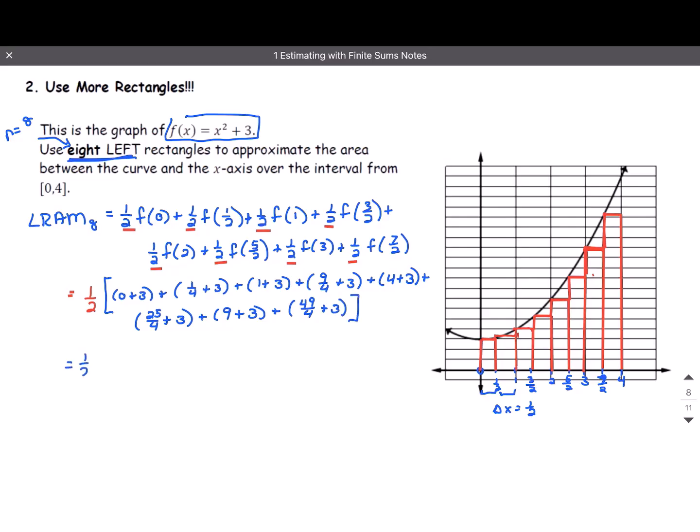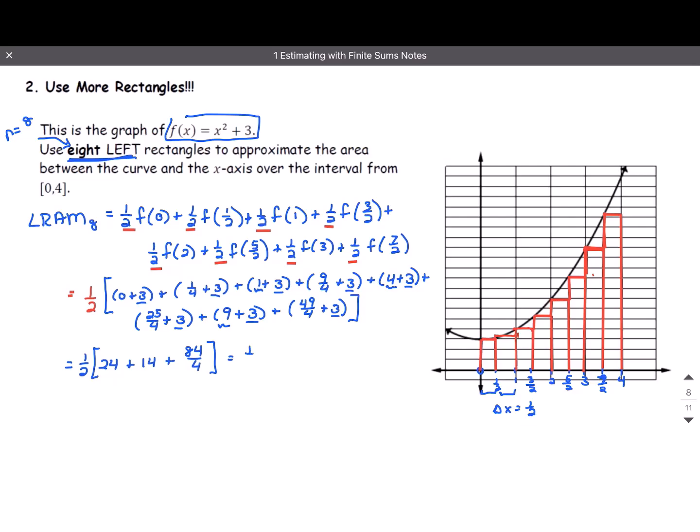So we still have 1 half times. Now, if we add up our 3's: 3, 6, 9, 12, 15, 18, 21, that's 24. We also have some other integers here. We have a 1 and 4 and 9. So that's going to be 14. And then if we look at our fractions, we're going to have 1/4 plus 9/4 plus 25/4 plus 49/4, which is 84/4 again.